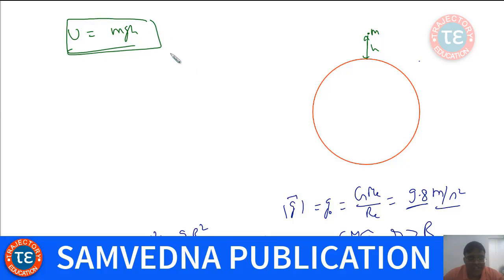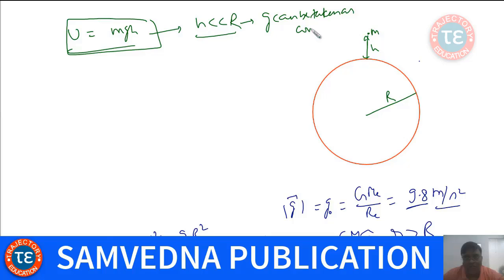See, this formulation has got a lot of assumptions. One assumption is h has to be extremely small compared to the radius of the earth, such that g can be taken as constant, that is 9.8 meter per second square.